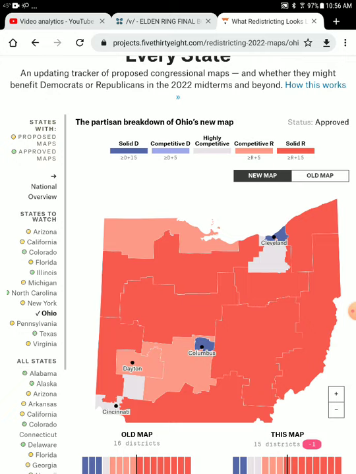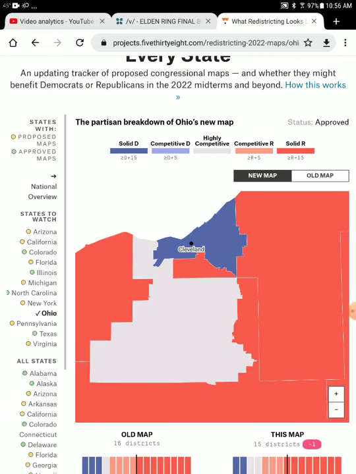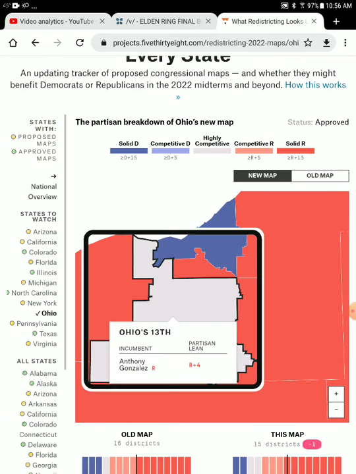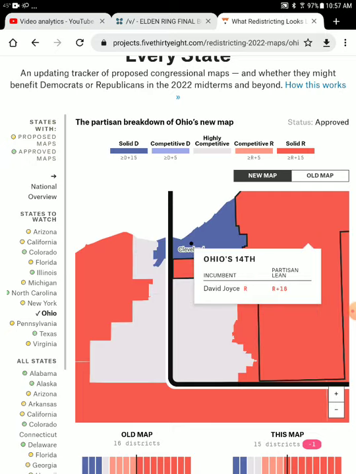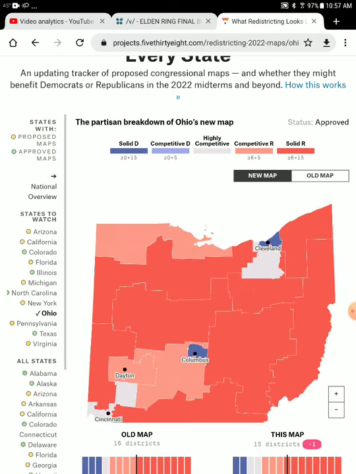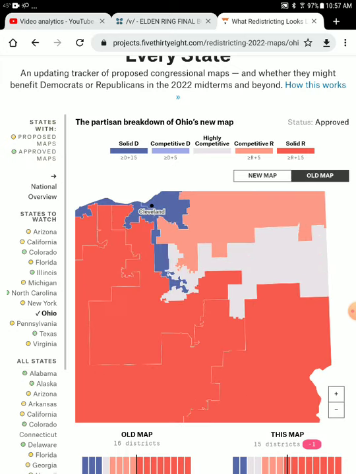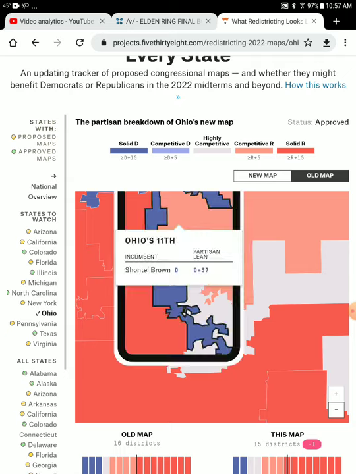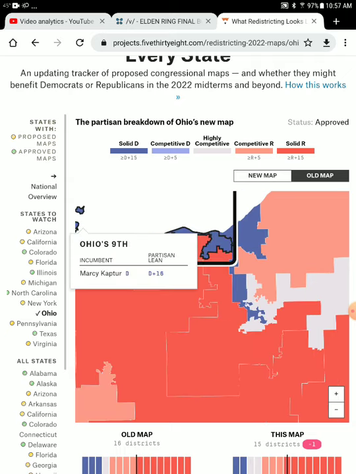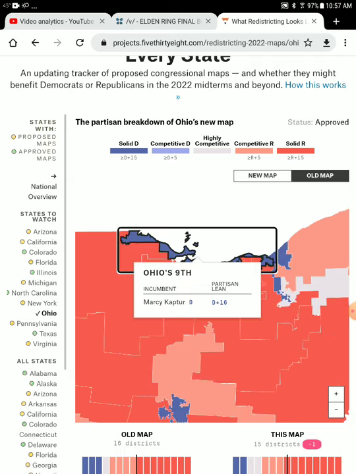And yeah, then we also have this area around Cleveland, which is a small area that stretches into Cleveland's borders here, basically making this small area in Cleveland its own lone area. Then we have the previous map of Ohio, which has these two districts that are basically just cursed.